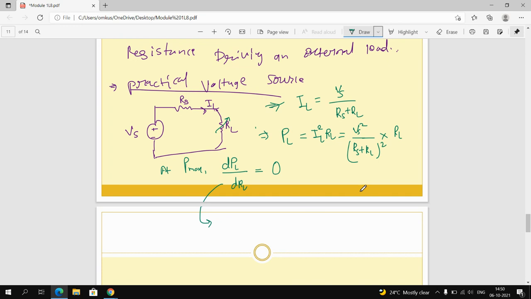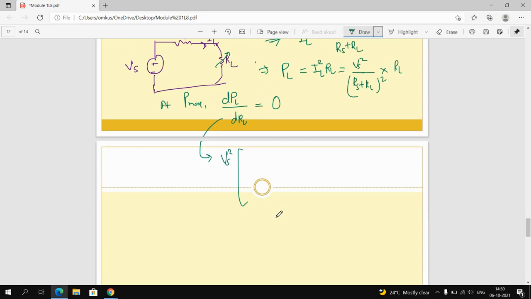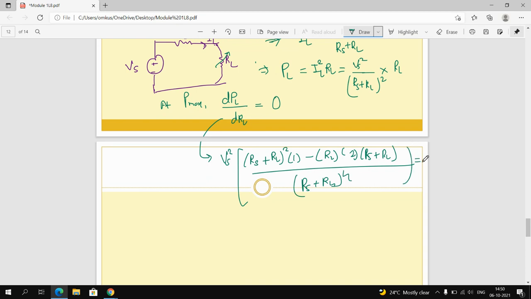Now when you solve or differentiate this equation, I have directly written it here. You solve and match your answer with this: Vs square, (Rs plus RL) square multiplied by 1, minus RL into 2 (Rs plus RL), divided by (Rs plus RL) to the power of 4, equated to 0.